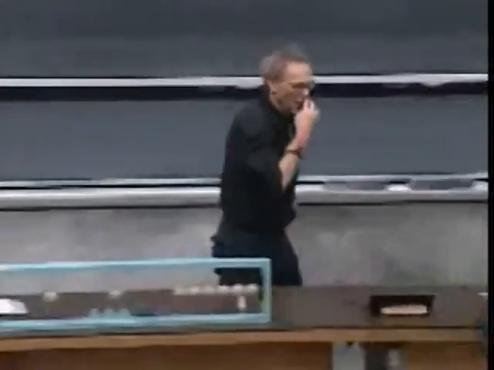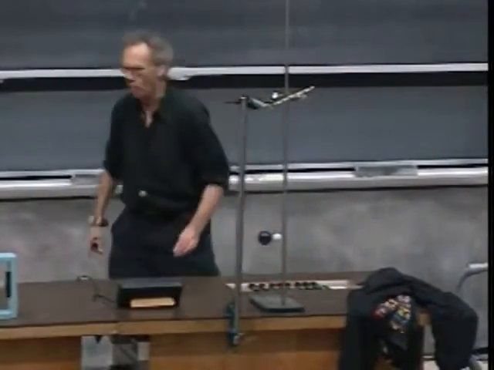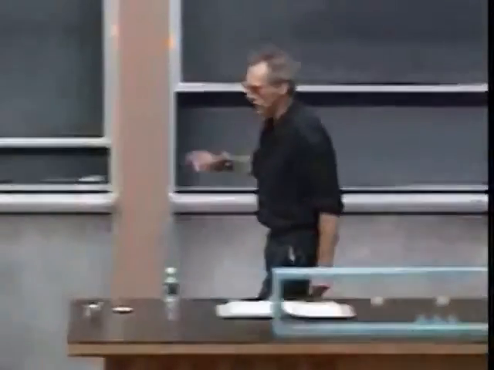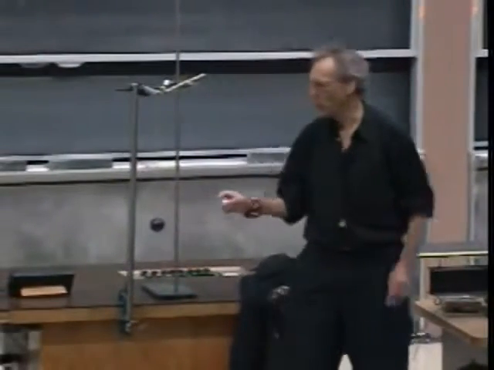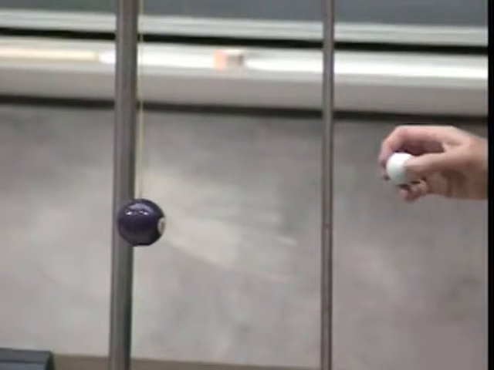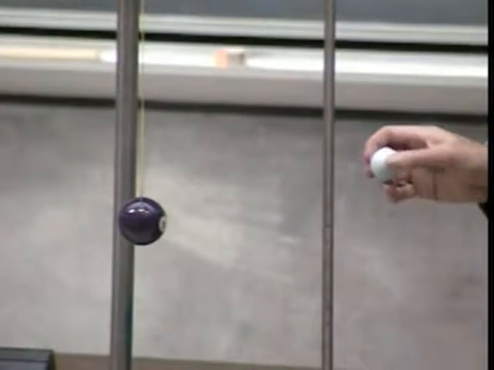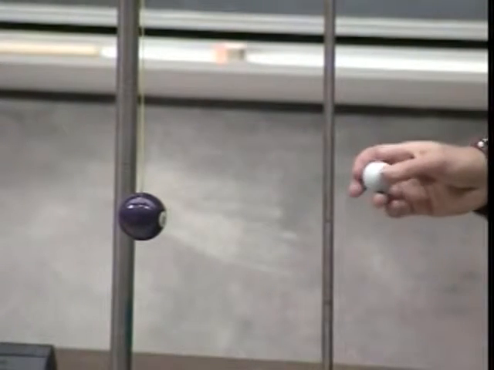Here we have not a bowling ball onto a ping pong ball, but we have a billiard ball. The mass ratio is not infinity to 1, but is 500 to 1, which is quite large. And so what I will first do is very intuitive. I will first bounce the ping pong ball off the billiard ball. The ping pong ball comes back almost with the same speed, not quite, because the ratio is not infinity to 1, but it is 500 to 1, and the billiard ball will do practically nothing.